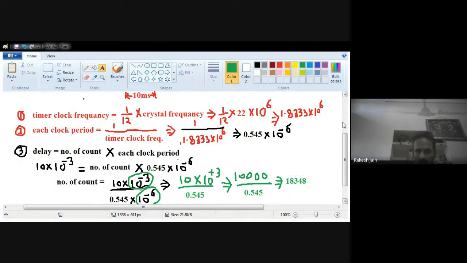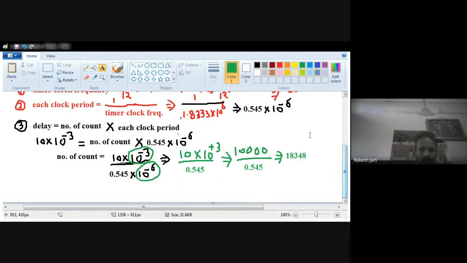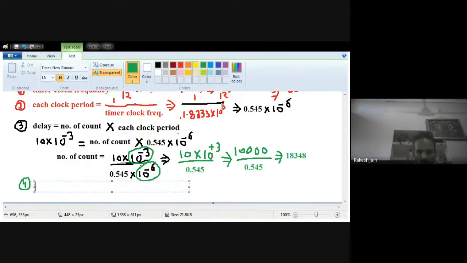Okay, now the next step is the actual number of count. In step number three, we calculated the number of count, and in step number four, we have to calculate the actual number of count. What is the formula to calculate the actual number of count?